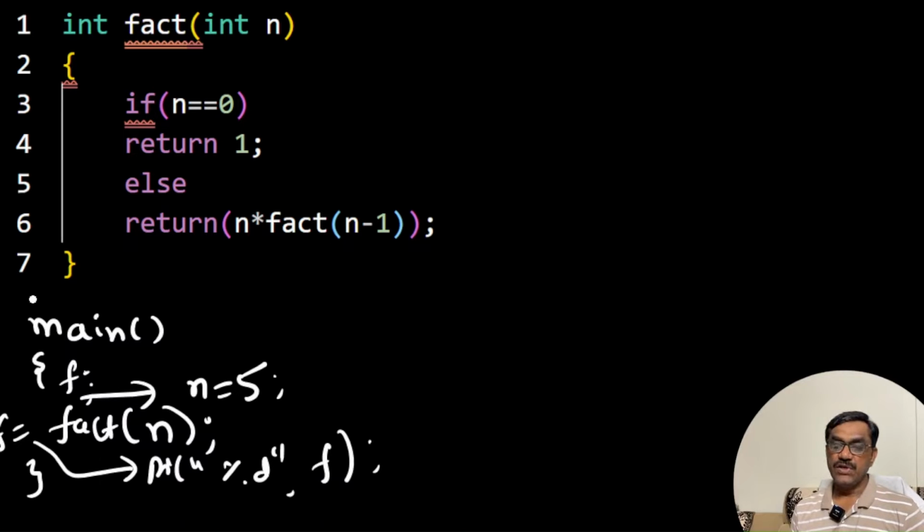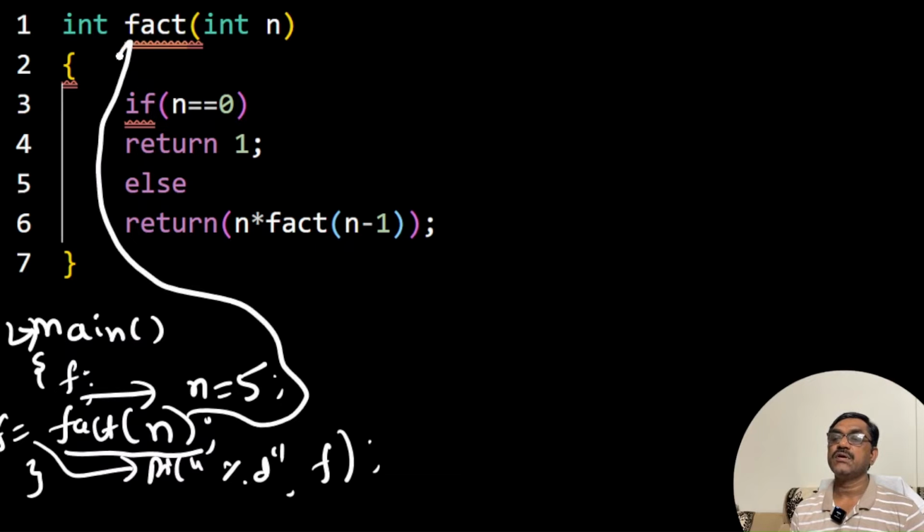Now, as we all know, the execution starts from the main, right? In the main, we are calling the function factorial. Now, the control jumps to the factorial. Now, clearly I will explain how the tracing will be done. See, here I am going to take a stack.